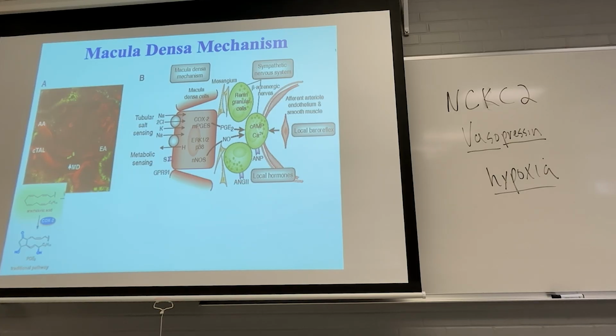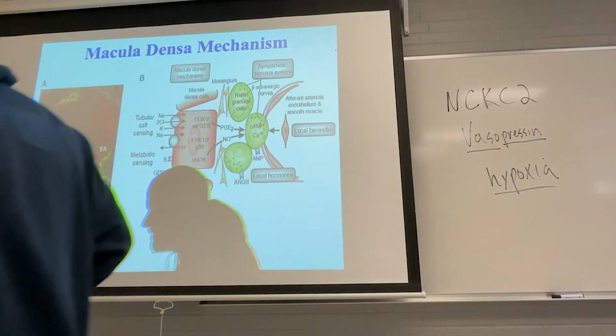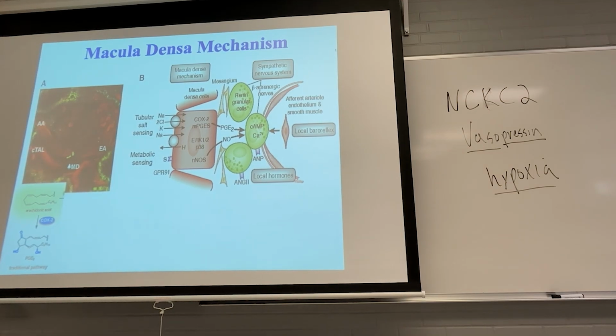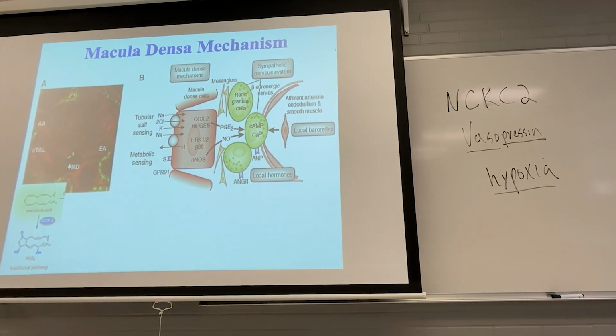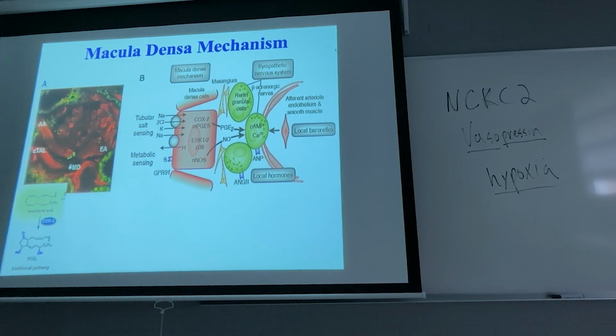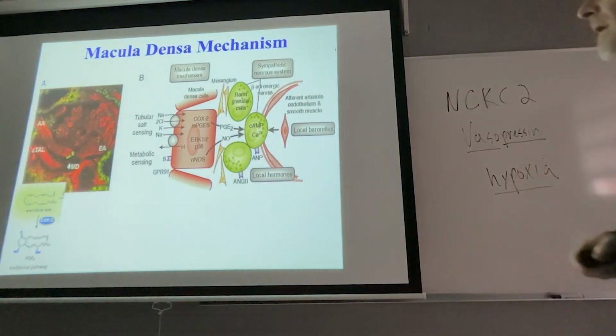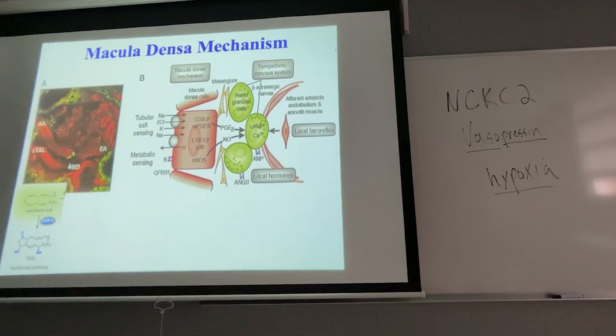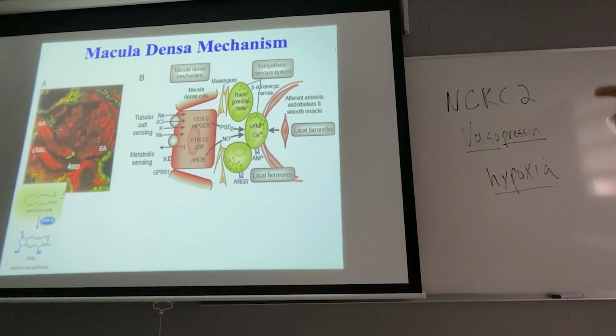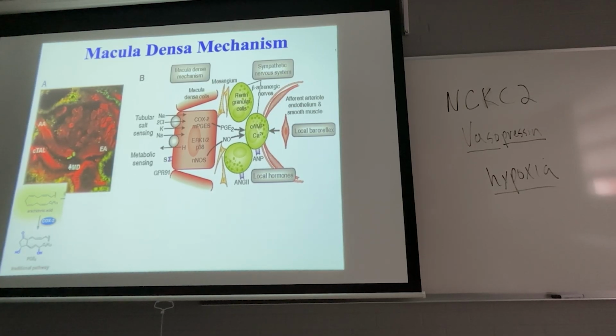Let me turn the lights off here so you can see. This is a cool picture. This is fluorescent microscopy. This is a confocal microscope, they're like $250,000, and they allow you to build what almost looks kind of two-dimensional, right? It shows you where the juxtamedullary cells are.